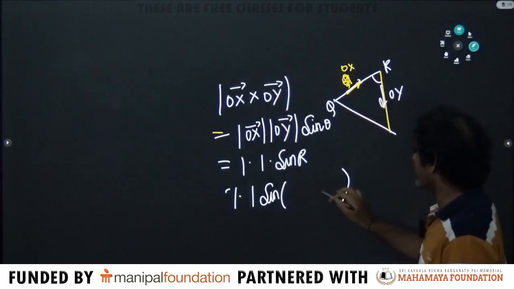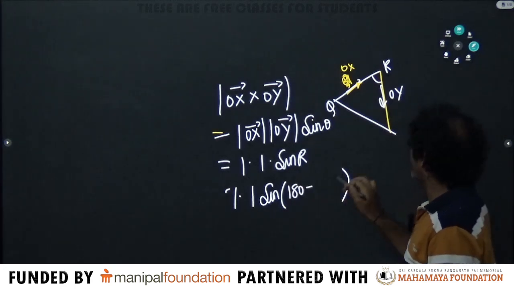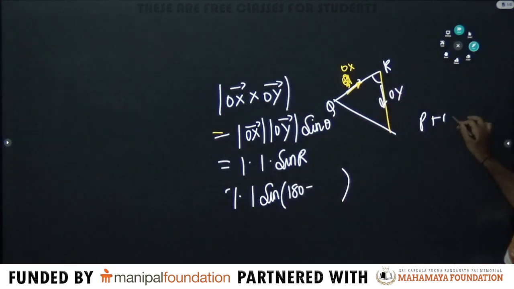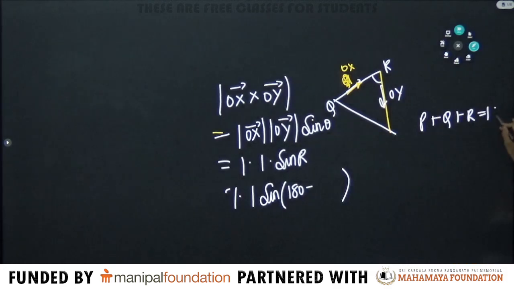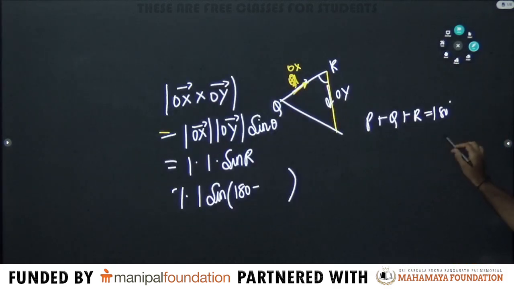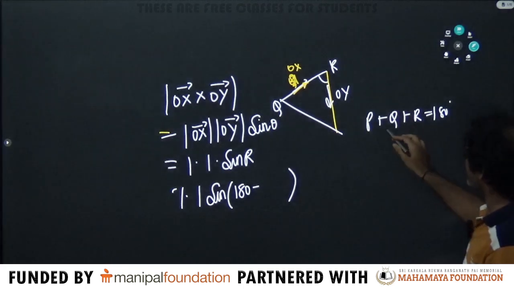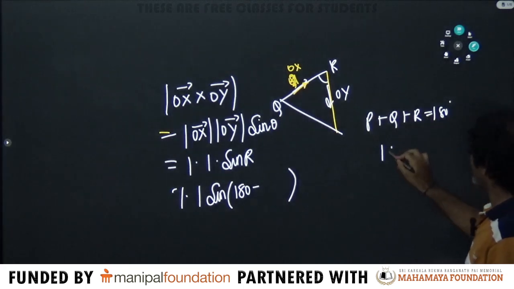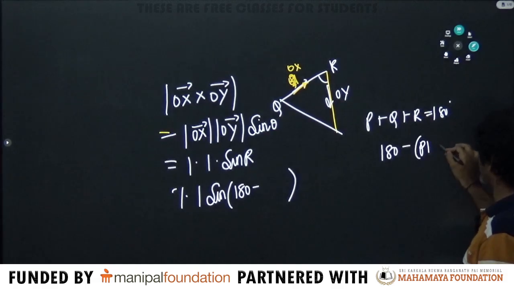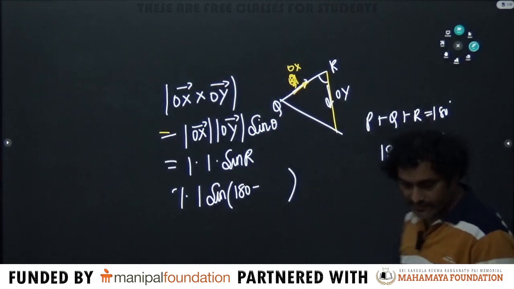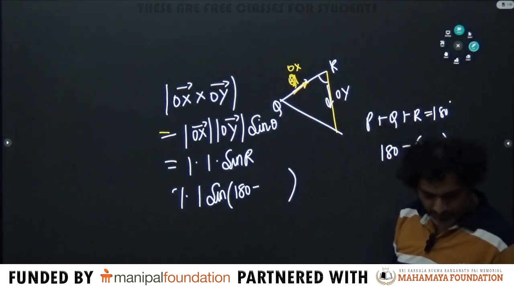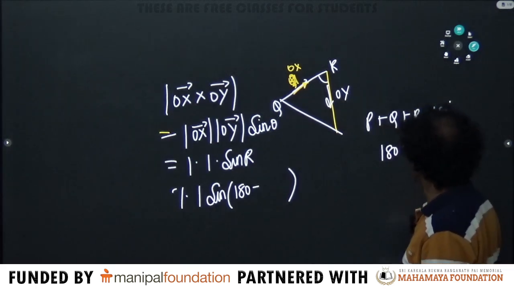Because that was not in the options. Sine R. P plus Q plus R is 180 degrees. Correct? So if we want, what is R? R is 180 minus P plus Q, right? So what can we do here?